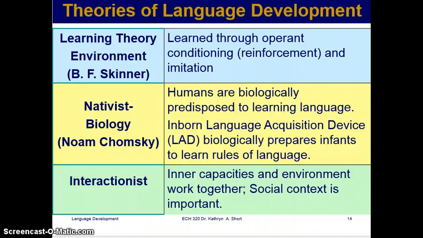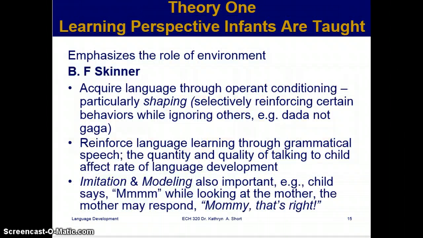Humans are biologically predisposed to learning language. Inborn language acquisition device, LAD, L-A-D, biologically prepares infants to learn rules of language. Third theory, interactionist. Inborn capacities and environment work together. Social context is important. Okay, so now let's talk about theory 1.